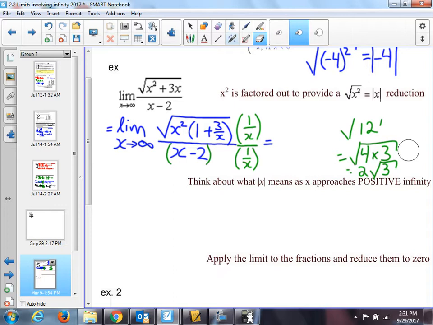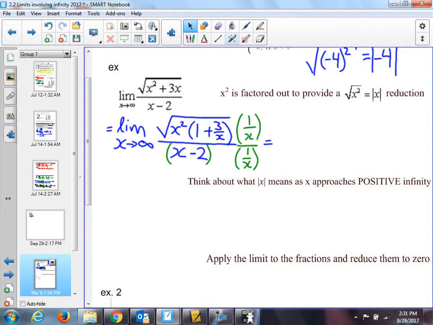And we now have to consider the sign. This x squared, well, we're considering x when it's approaching positive infinity, so you're guaranteed that if it was a billion squared, it's going to be positive when it comes out, right? So there's no worries about a sign error.